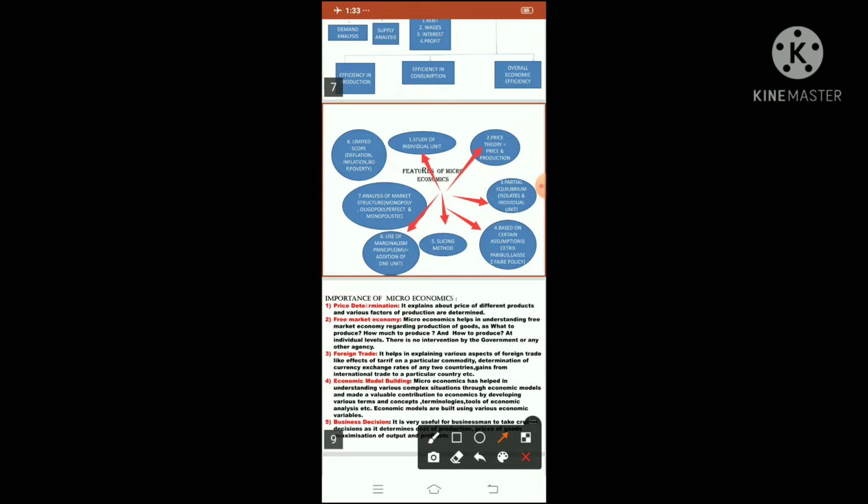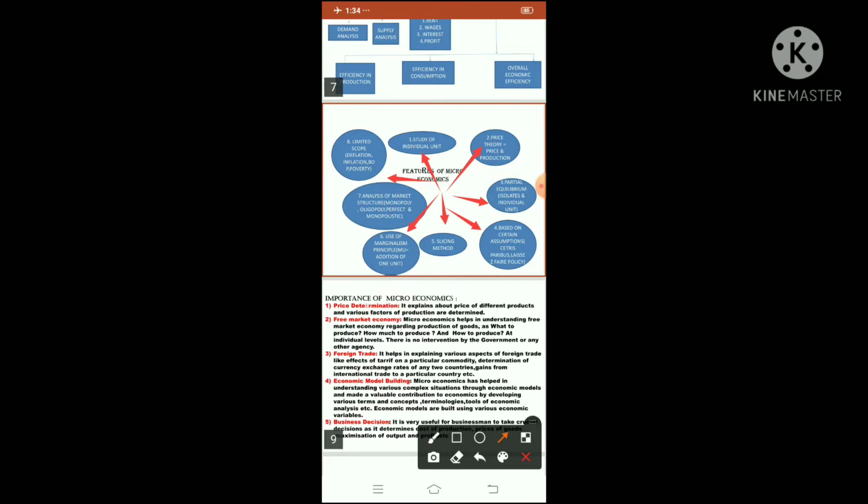Now the next feature of microeconomics, children, is analysis of market structure. The market is divided into monopoly, oligopoly, perfect competition and monopolistic competition. We study all these points in detail in forms of market, which you have in 12th standard. In short, microeconomics will study the whole market economy. Monopoly means a single seller.